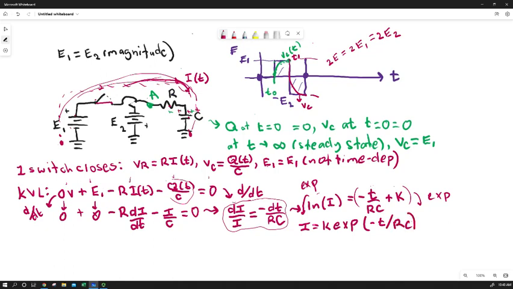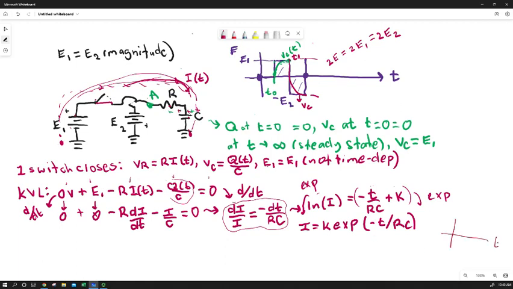So if you've studied transients of RC circuits in any of your electronics textbooks, this will probably start to look familiar. So the current flowing through the circuit is some constant times the exponent of negative t over RC. The negative exponent function decreases with time.